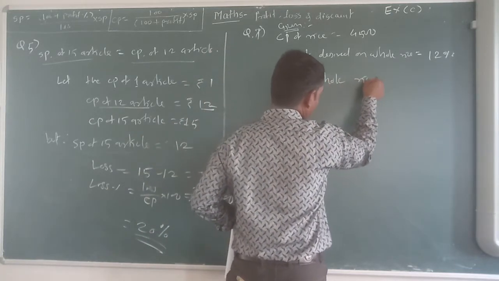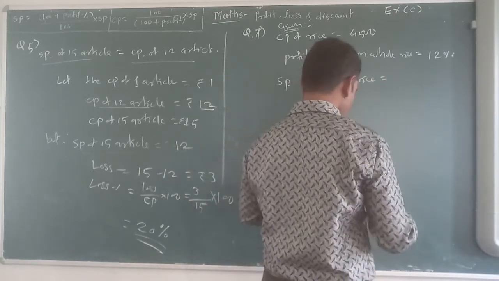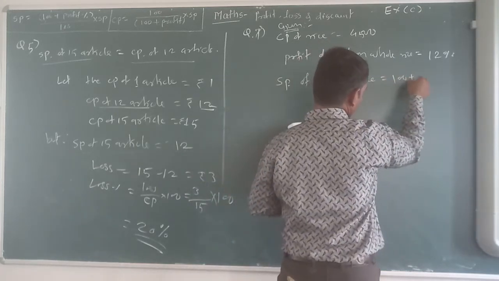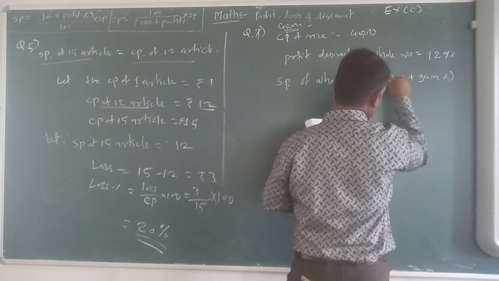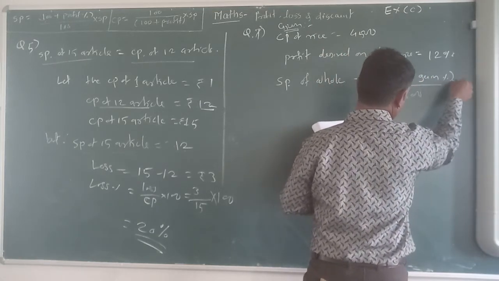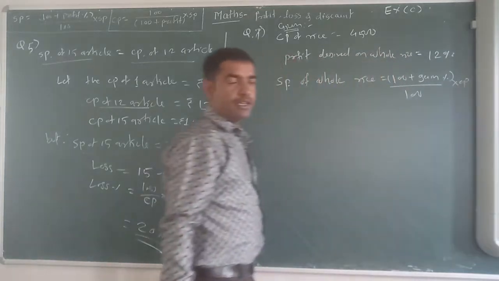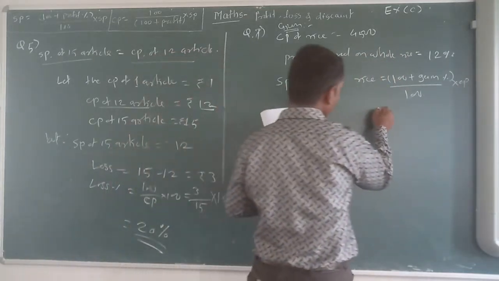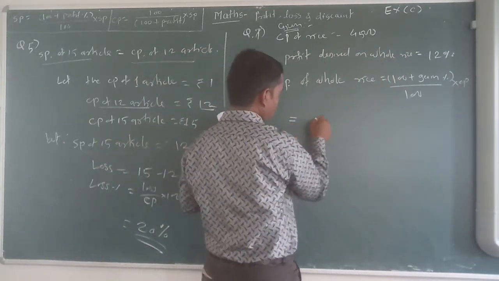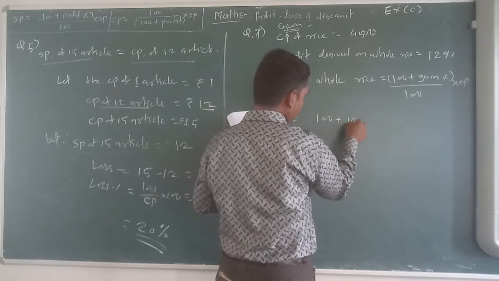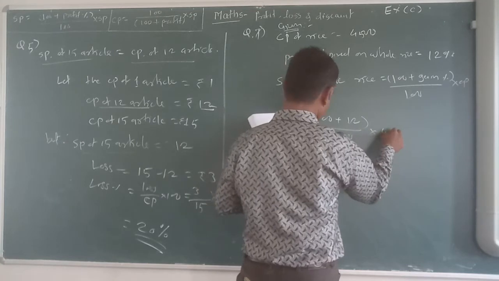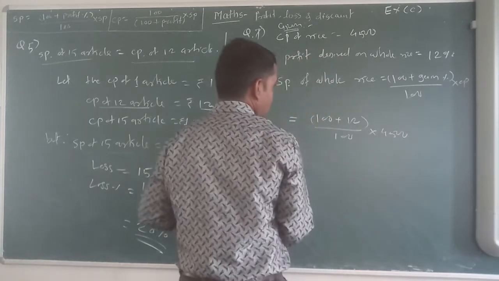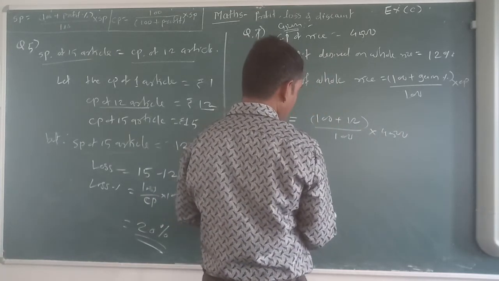SP of whole rice, we know the formula, (100 plus gain percent) upon 100 multiplied by CP. Equal to (100 plus gain percent, which is 12%) upon 100, and CP is the 4,500. CP is how much? 4,500.